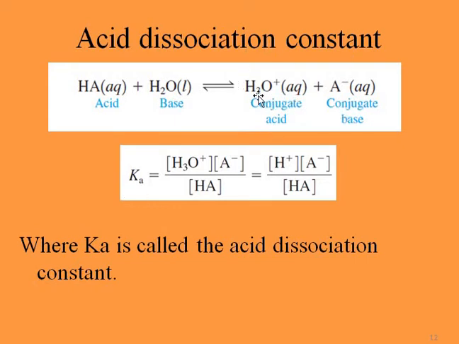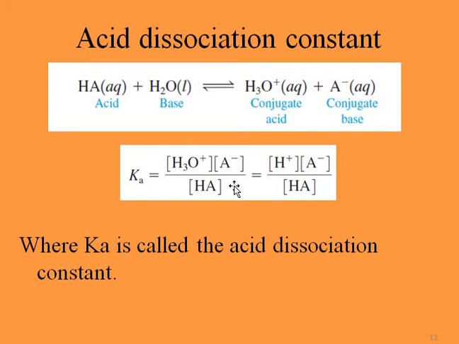So it's going to be the products divided by the reactants: H3O plus times A minus divided by HA. The reason we don't have H2O here is because that's a liquid, and we don't write liquids in the equilibrium expression. We don't write them for liquids, and we don't write them for solids.